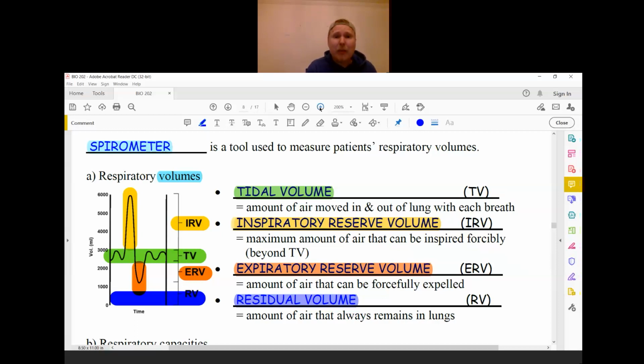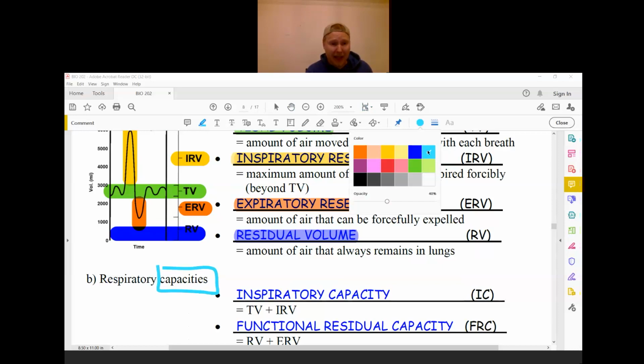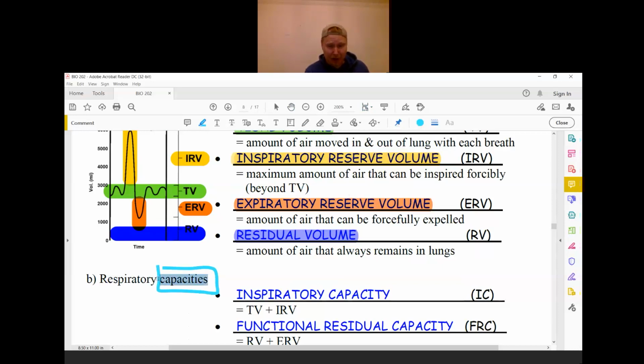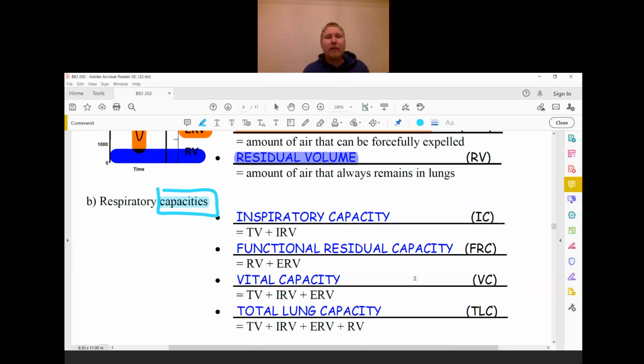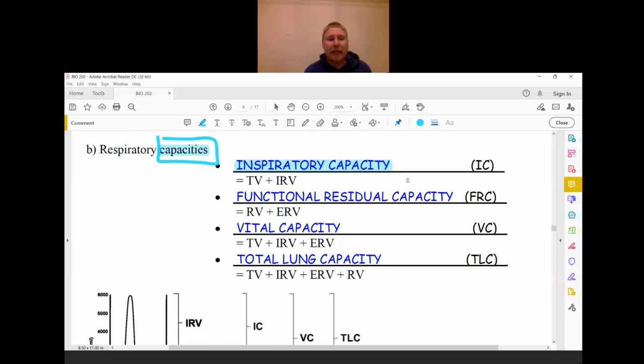It was important for us to talk about the respiratory volumes because by knowing them, we can then calculate respiratory capacities. Let's talk about the respiratory capacities a little bit and see how we can work them out based on the respiratory volumes. The first one I want to discuss is our inspiratory capacity.